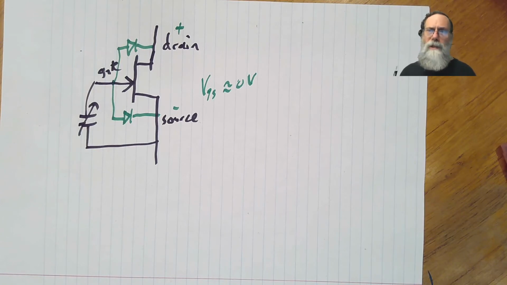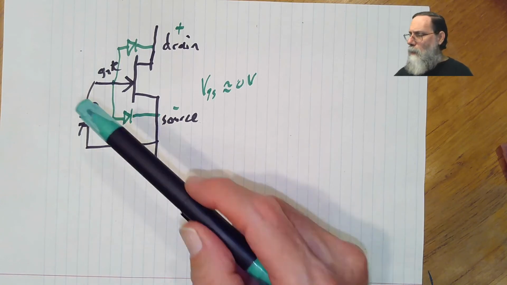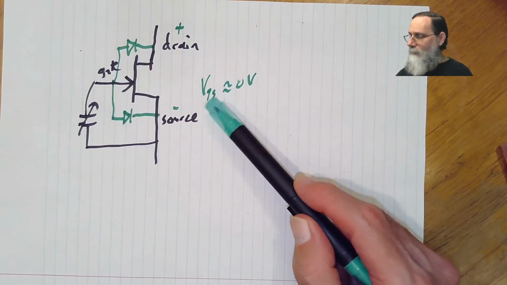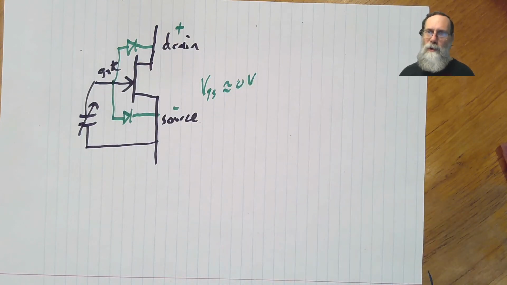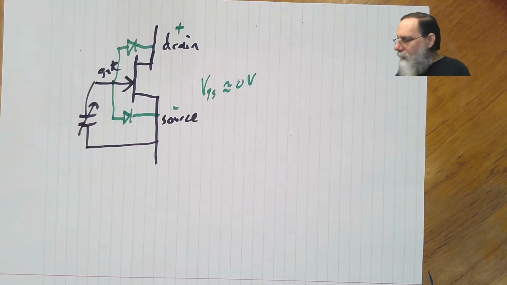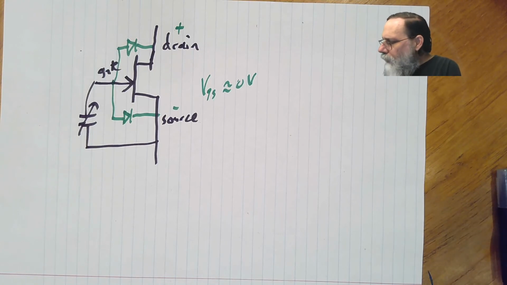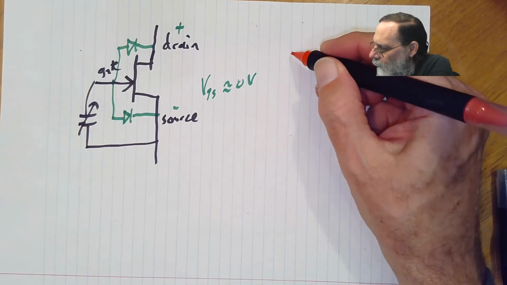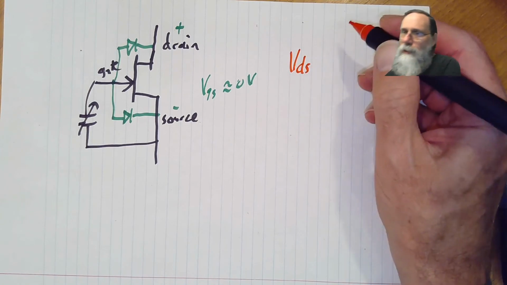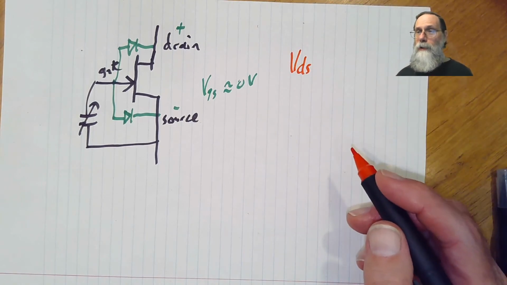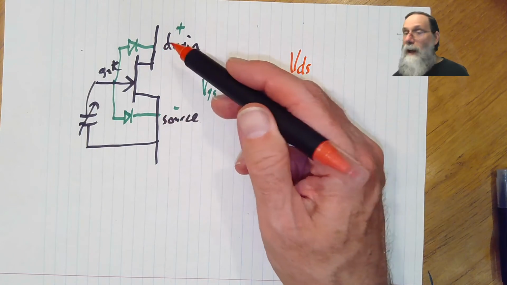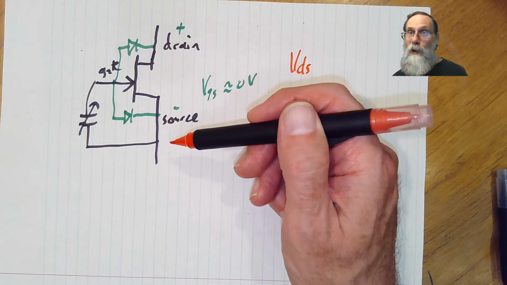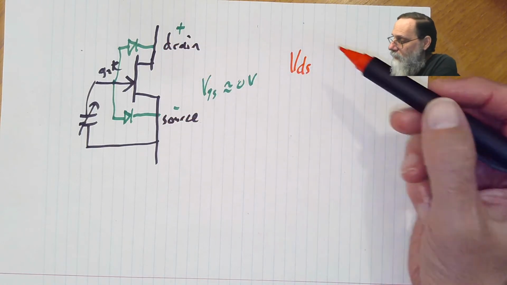Now, what is it that this thing does? We said that the gate to source voltage is what's controlling the transistor. So we've got to worry about two things. One is, what is the drain to source voltage? Because the drain to source voltage is what's going to be providing us something to drive the current from the drain to the source.